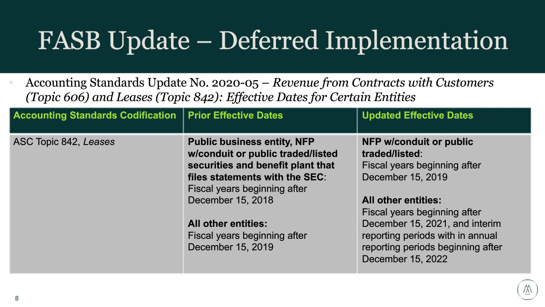And now with ASU 2020-05, that has been extended another year. So for all other reporting entities, it is for fiscal years beginning after December 15th, 2021. And so that would really be for your June 30th, 2023 year end.